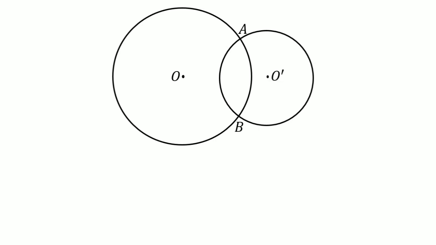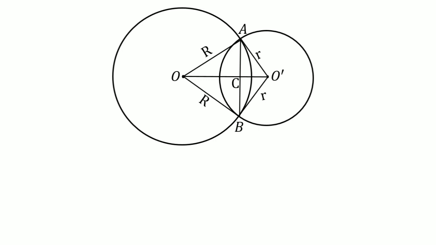Now join AB, which is a common chord, and join the centers of both circles, and draw the radii to the points A and B from the first circle. Let the radius be R, and from the smaller circle drop the radii to points A and B and let the radius be small r, and let the point where the common chord and the line joining the centers intersect be C.